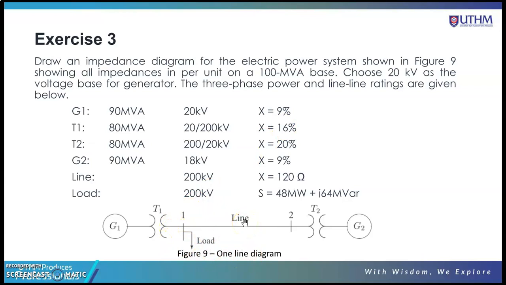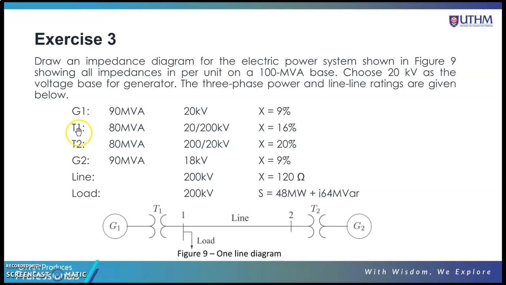So the question is, you need to draw the impedance diagram and show all the impedances in per unit, based on S base equal to 100 MVA. Now you have the per unit values. For example, for G1, X equal to 0.09, which is based on 20 kilovolt and 90 megavolt ampere.